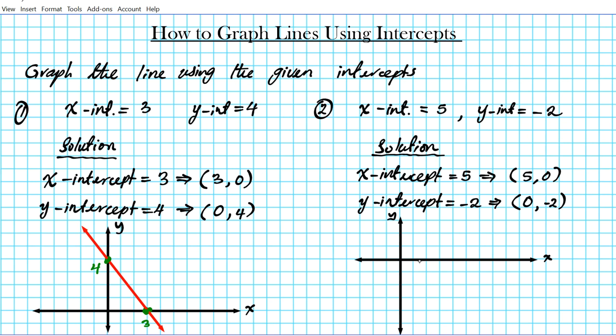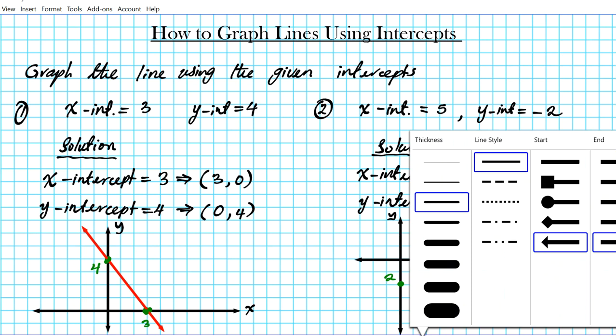So you count 5 on the x-axis. 1, 2, 3, 4, 5. So you have the point right here. X equals 5. And then the y-intercept is -2. So you're going to count down starting from 0, your origin. You go down 2 on the y-axis. 1, 2. There goes our second point. And then we'll just go ahead and draw our line through the given points.